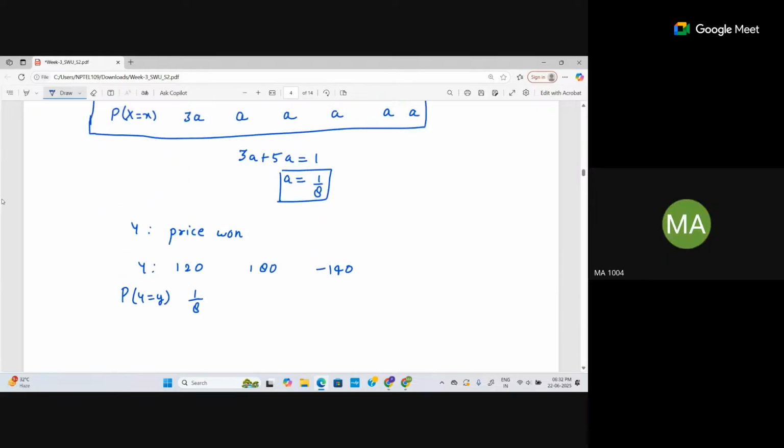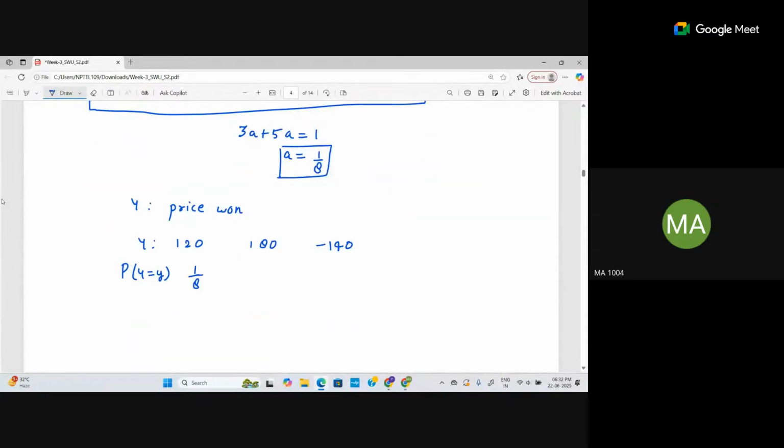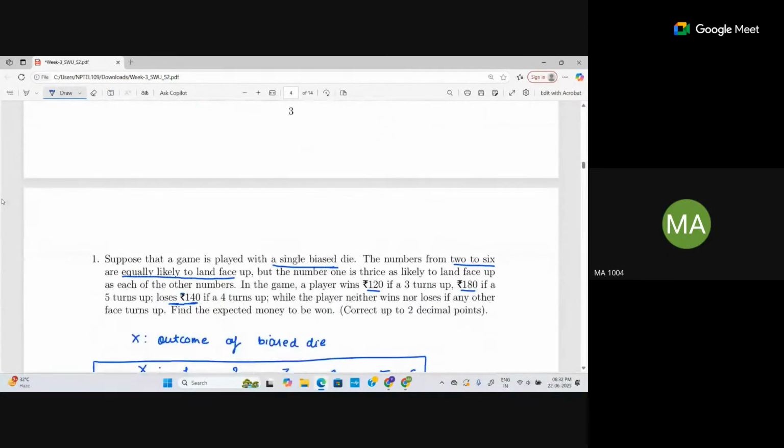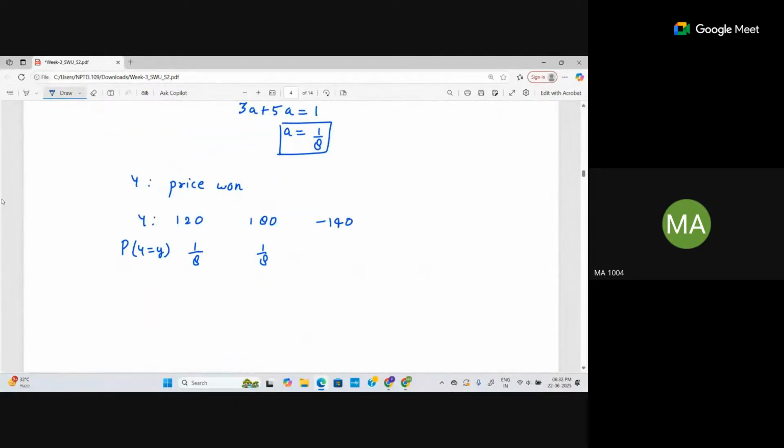Yes, ma'am. Similarly for 180 also, the number 5 should come on the die, and for 5 the probability is a, which is 1 by 8. Similarly for minus 140, if 4 comes, the probability is again a, which is 1 by 8.